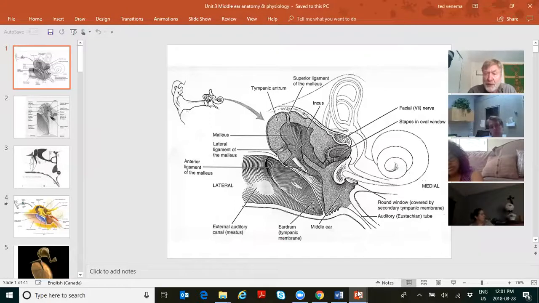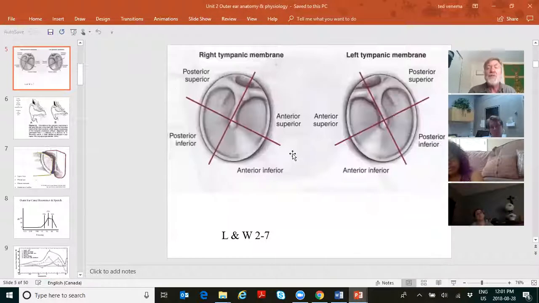Well, the reason you have the pars flaccida, this little soft area here, is because it's really soft. Even if you go up a flight of stairs, or a 3-story walk-up apartment, there's going to be a difference in air pressure from there to the ground.